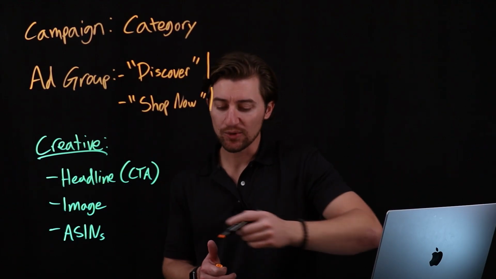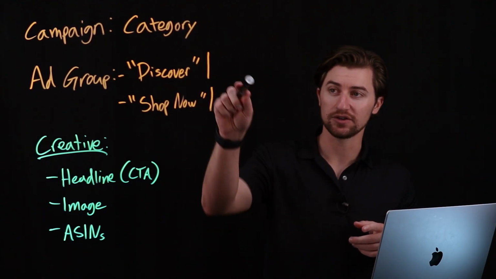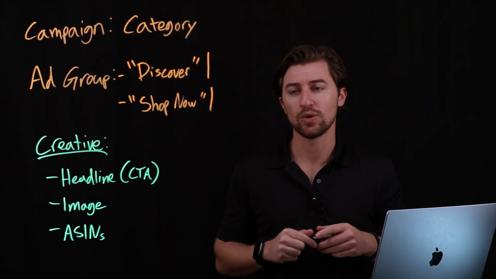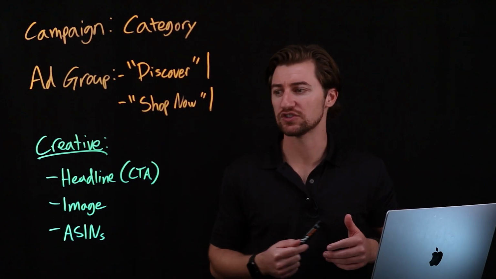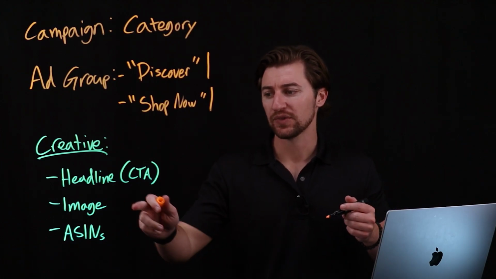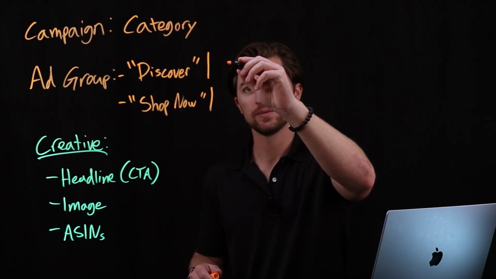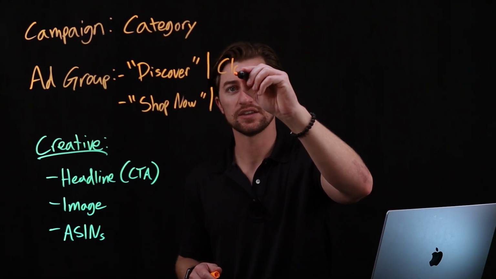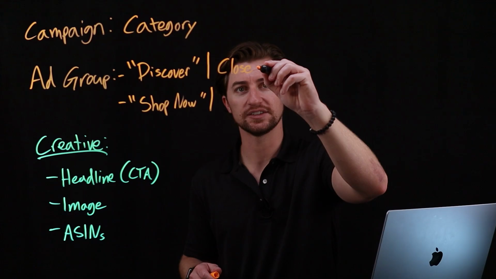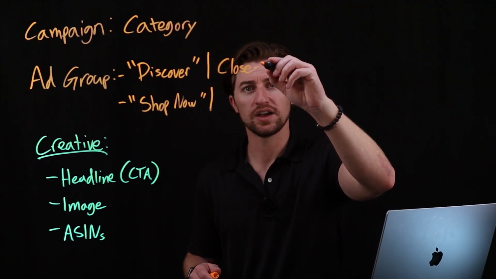And then the image, maybe we're testing a couple images. And so you want to include another note here in the name that's going to really help you just quickly understand what image it was. So maybe for your iPhone cases, one of them was a close-up, like a close angle. So we'll just say, this is our close-up shot that we're testing. Close up.